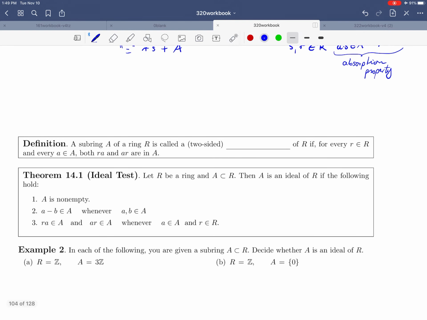A subring A of a ring R is called a two-sided ideal of R if for every r in the ring and every a in A, both ra and ar are in A. So that is this absorption property.